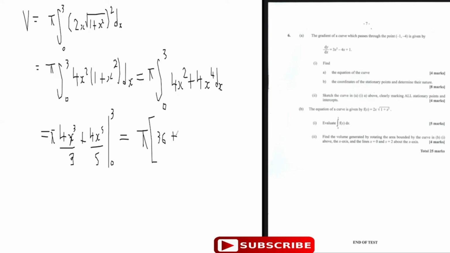That's 194.4. And so you add those together and you get the volume. So when you finish, the volume is going to be 194.4 plus 36, which is 230.4 pi. And remember, volume is in units cubed.